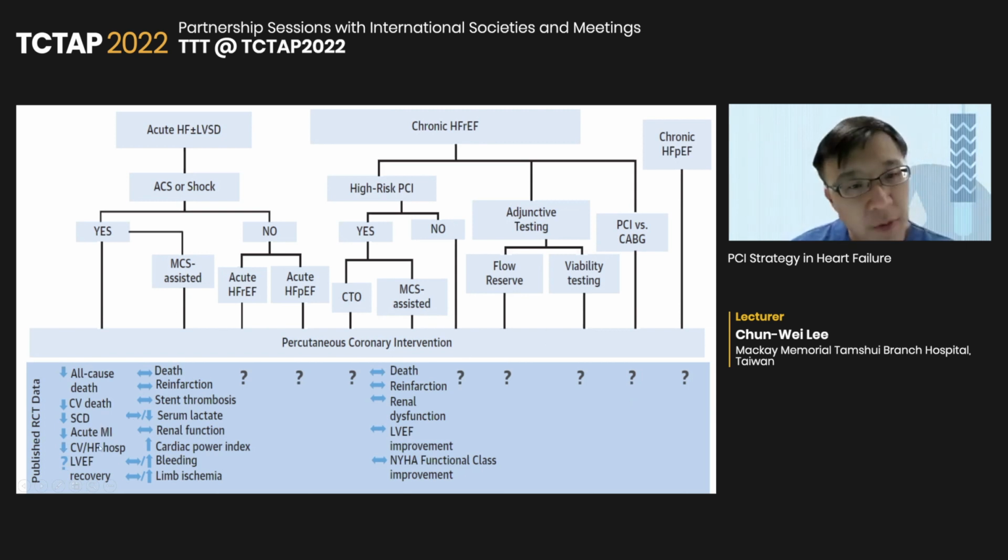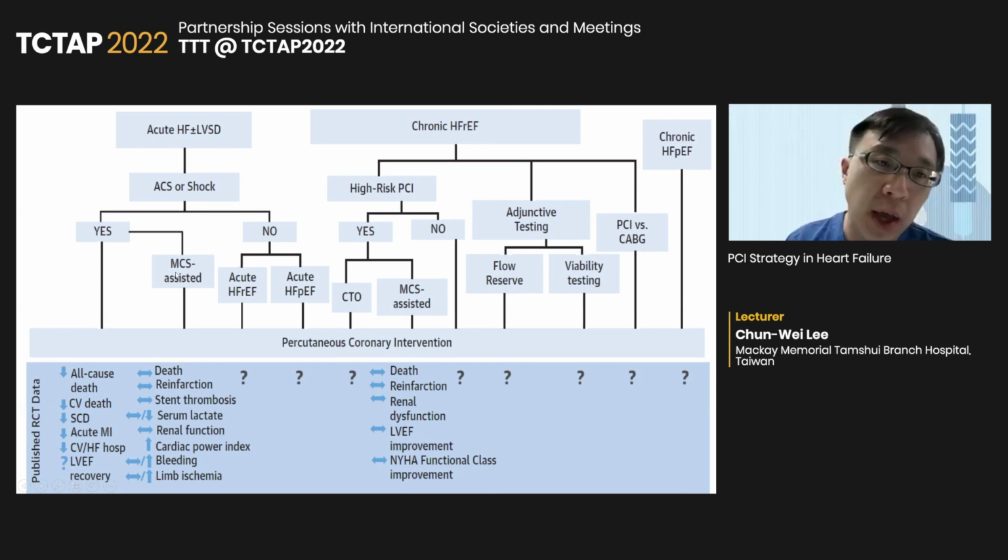As you could see on the very left-hand side, with acute heart failure with acute coronary syndrome, RCTs show that PCI could reduce all-cause death, cardiovascular death, sudden cardiac death, and further acute myocardial infarction and heart failure hospitalization.